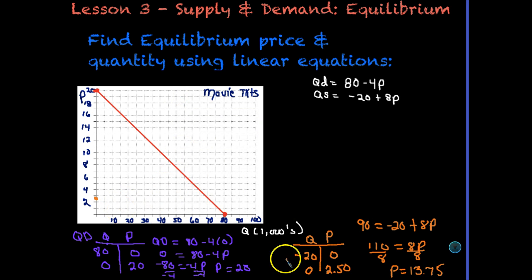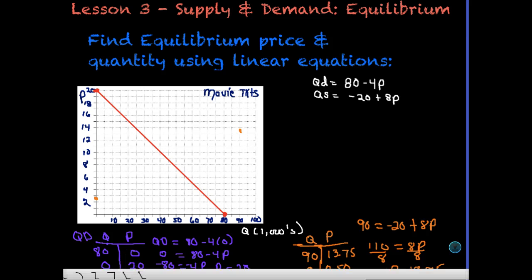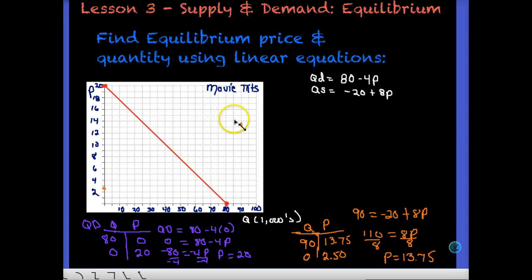All right, so let's go ahead and plot that point. So instead of our negative 20 and our 0, we picked a quantity of 90, and we got $13.75. So here's 90, and $13.75 is about right here. And now we can connect our graph. And here we go. We just need to go through these 2 points.